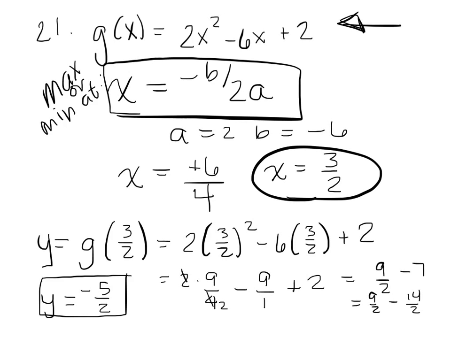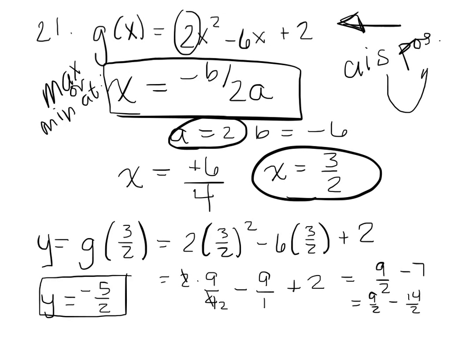Now, the question would be, is this a minimum or is this a maximum? And the answer to that lies right here, or the value of a, because a is positive, okay? You know this is an open up parabola, so this vertex is a minimum, okay?